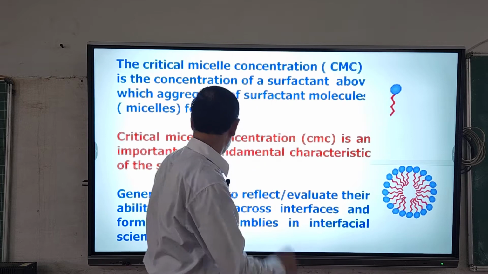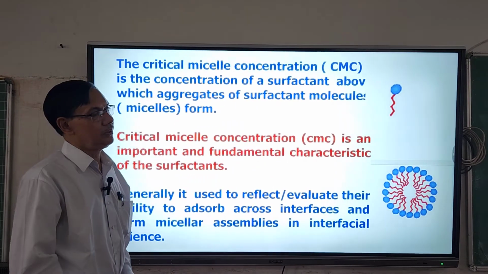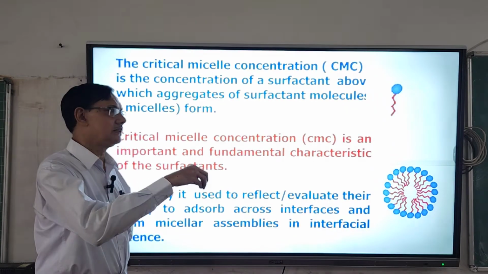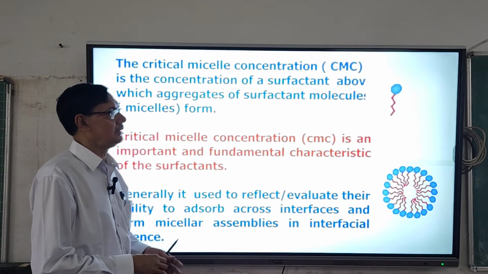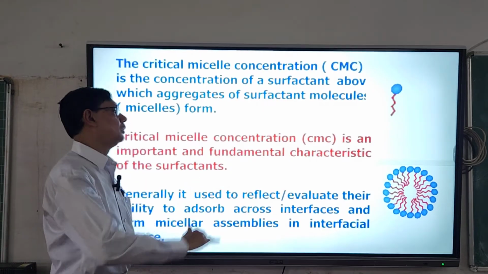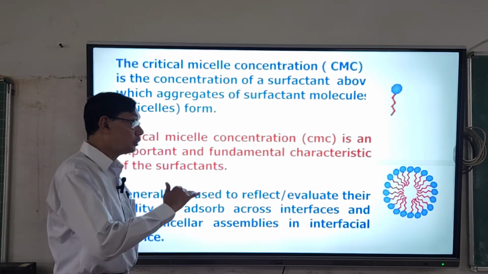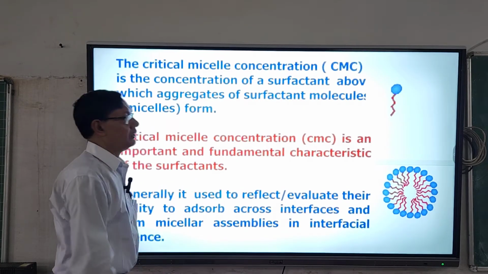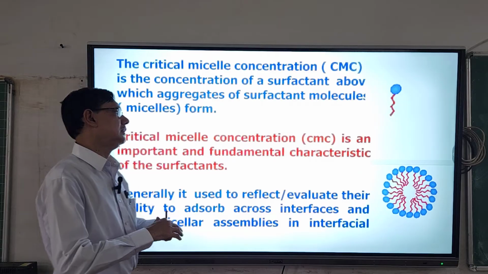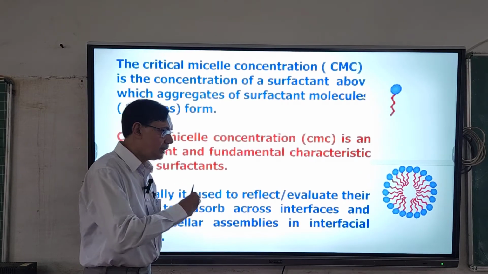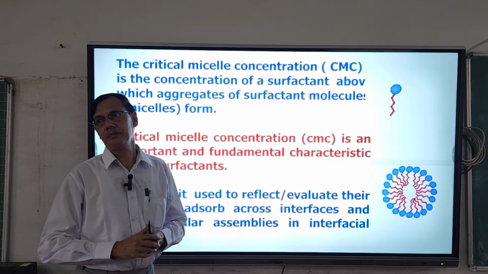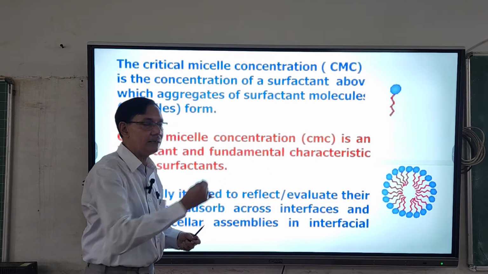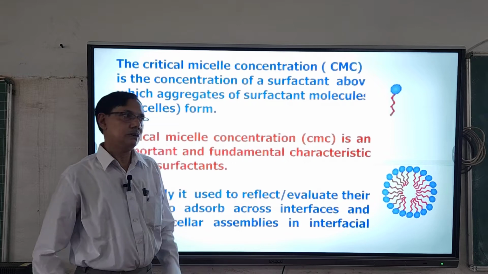calculate that narrow concentration. Because you all know that when you add some water to a surfactant, the surfactant molecules get adsorbed on the air-water surface, and definitely, gradually, when you increase the concentration of the surfactant, the whole surface will be covered by that surfactant.